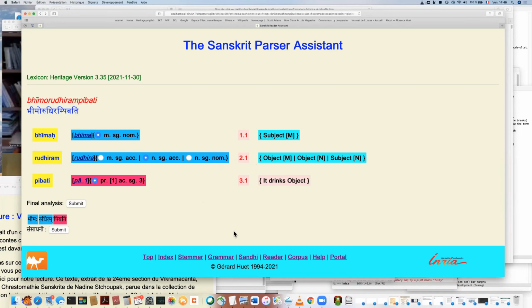Okay, and one final question. I showed how to get the unique solution using your parsing tool. But here you have Samsadhani, so you can submit it to Samsadhani. There is this magic bridge between my segmenter and Samsadhani's parser.